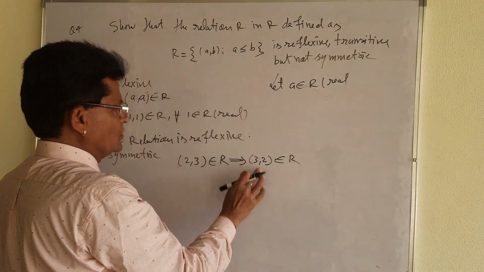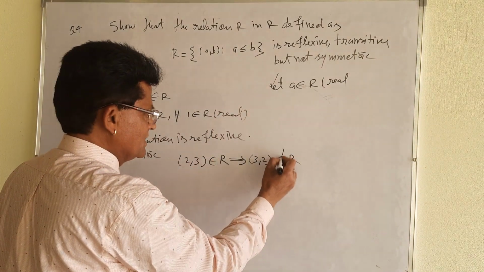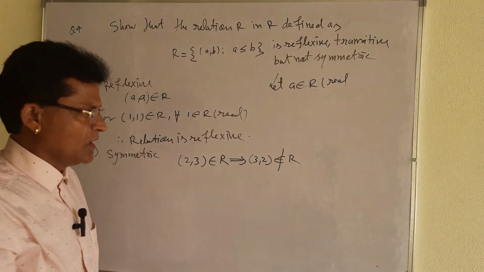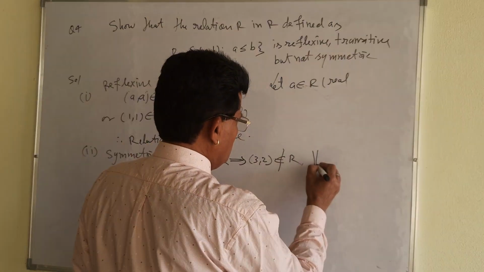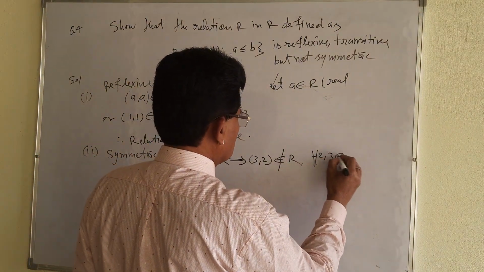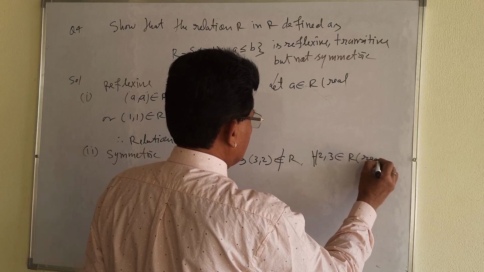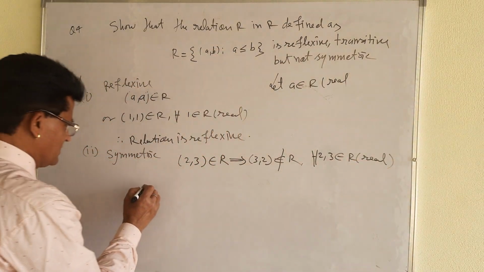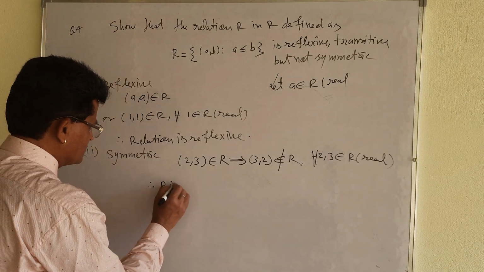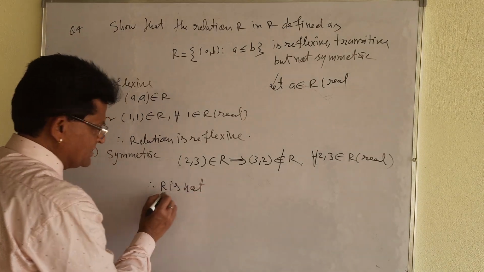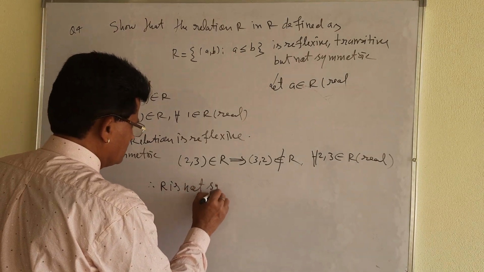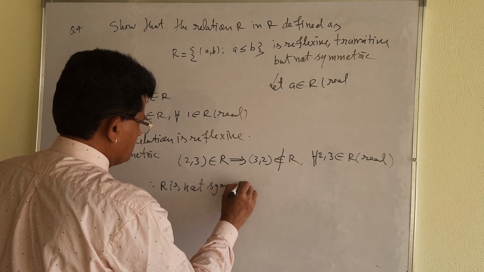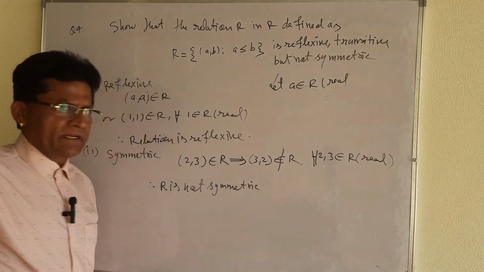No. 3 is less than 2? No. That is why it does not belong to R. So for all (2, 3) belonging to R, R means set of real numbers, what does it mean? Therefore R is not symmetric. R means relation, it is not a symmetric relation.